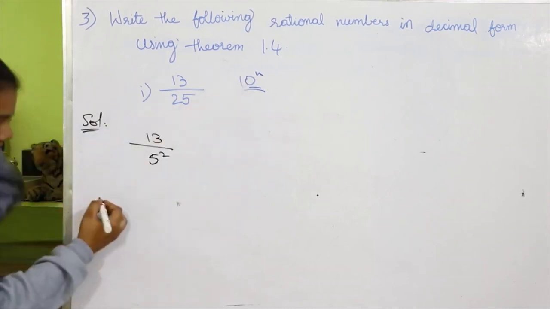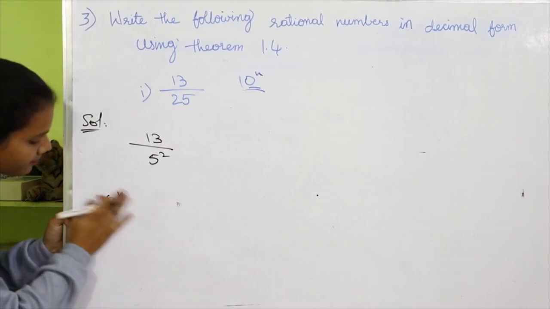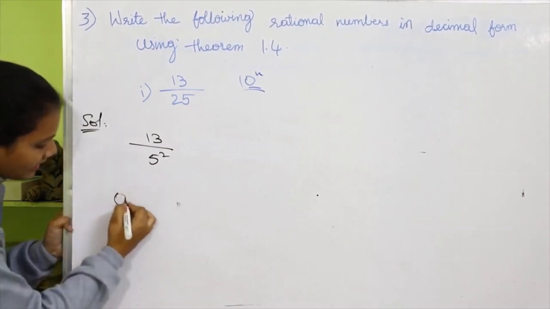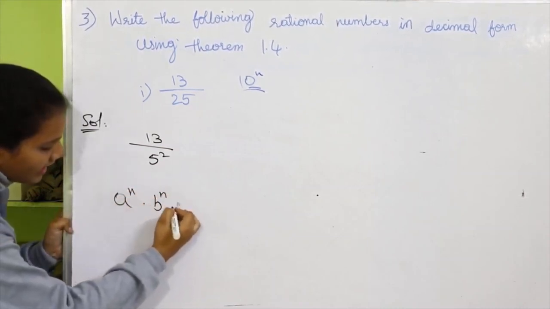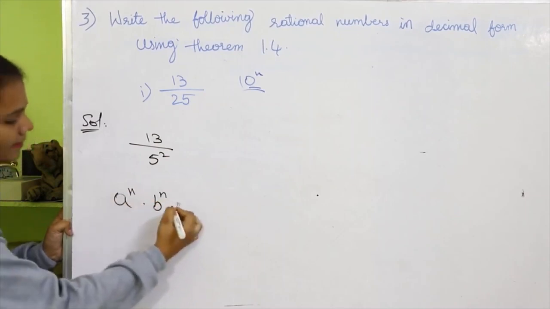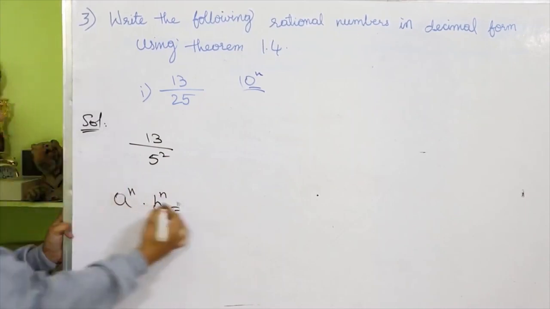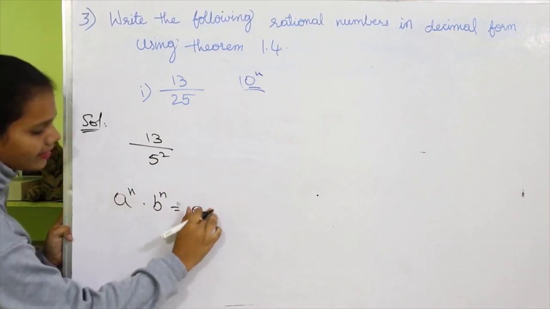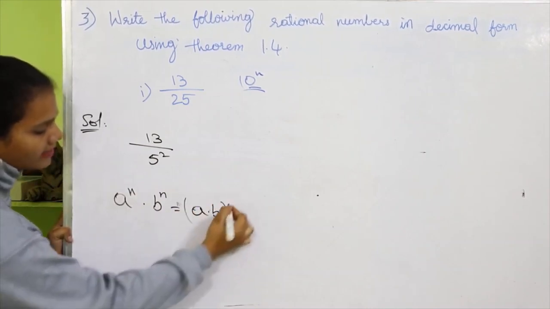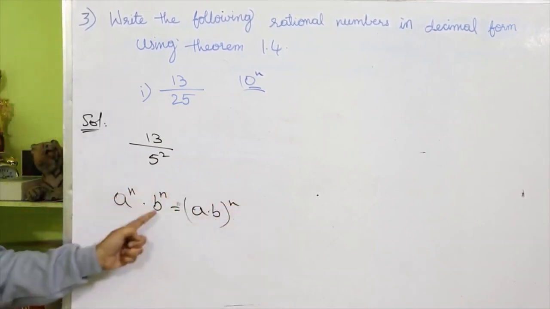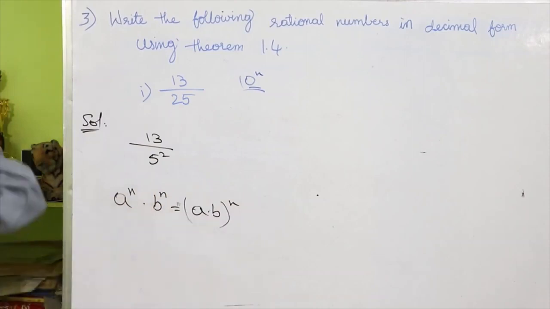We know that a power n into b power n gives a into b whole power n. A power n into b power n is equal to a into b whole power n.